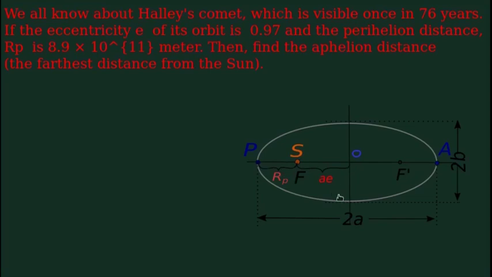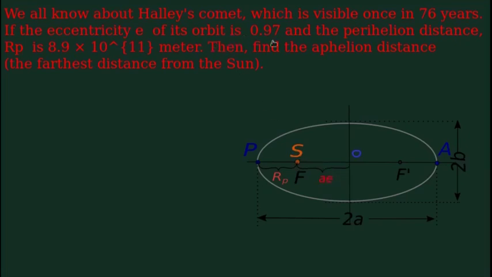The length of the major axis is 2A, and this is the minor axis whose length is 2B, and the length between S and the center O is A times E, where E is the eccentricity.